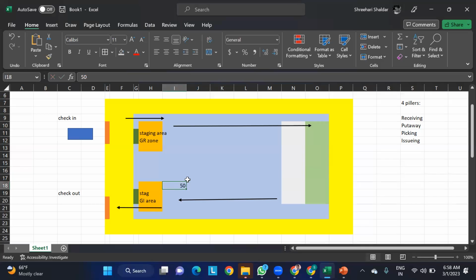That is what replenishment is all about. Replenishment means we are refilling the material. At the back end we have a large amount of goods, but for the showcase we have a few materials here.